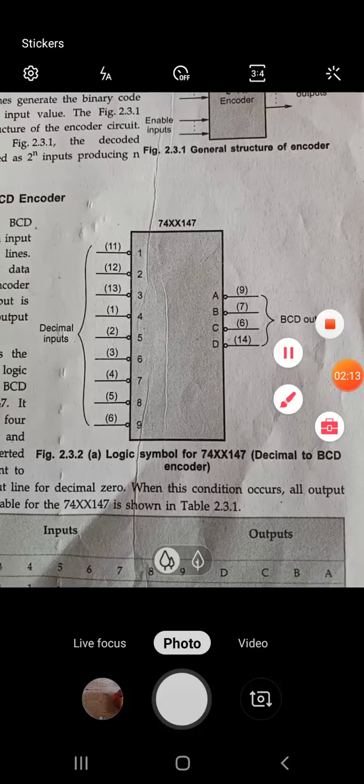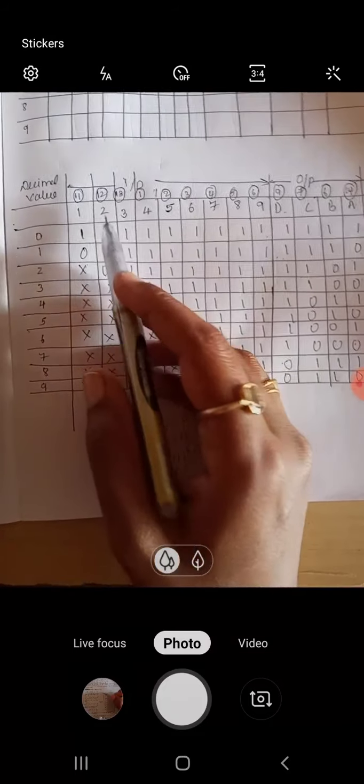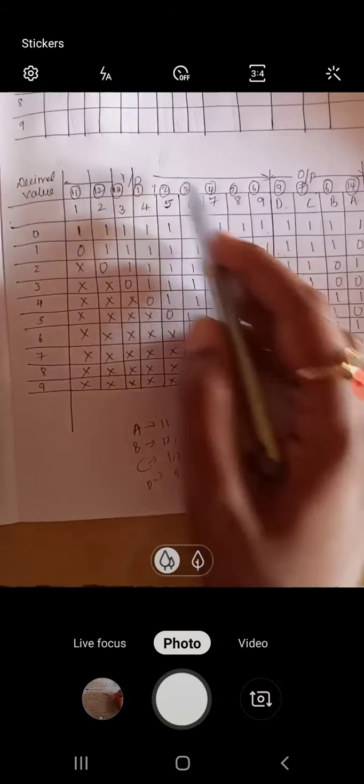Let us see the logical diagram of this, that is the truth table of this. This is the truth table which I have drawn over here. I have 1 to 9 as my input lines.